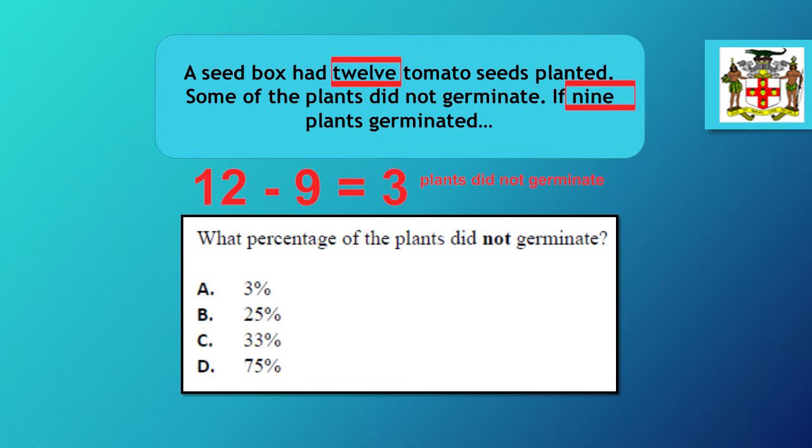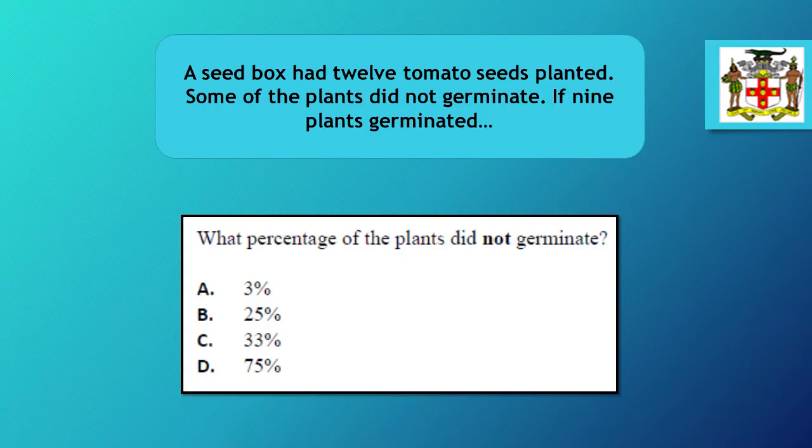But notice, our answer is given in percentages. And so we must convert 3 out of 12 to a percent, right? What answer did you come up with? Right, 3 out of 12 is a quarter, and a quarter as a percentage is 25%.